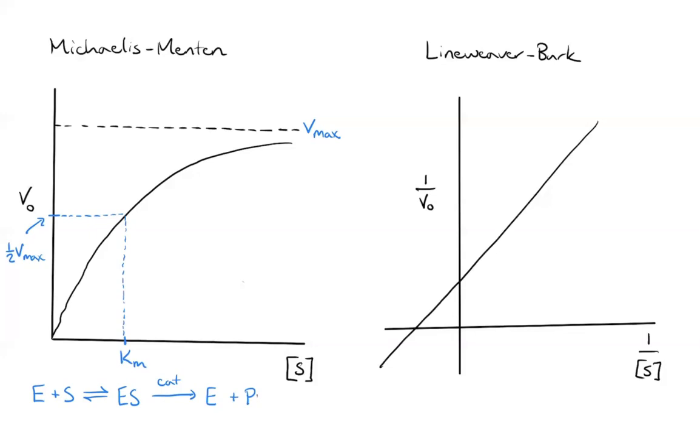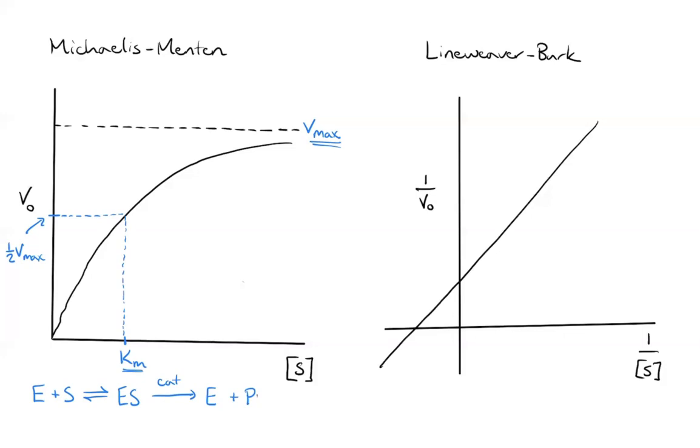These constants, the Vmax and the Km, are going to be unique to a particular enzyme under a certain set of conditions. It is a little bit hard to pull those parameters off of a straight Michaelis-Menten graph without doing some nonlinear curve fitting, and it's a little bit easier if we can linearize the data.